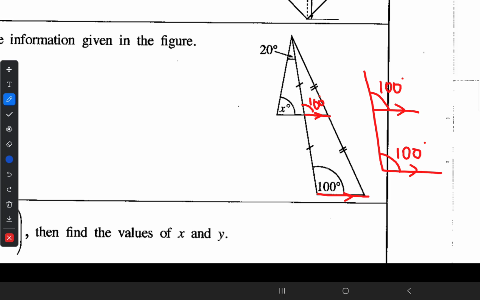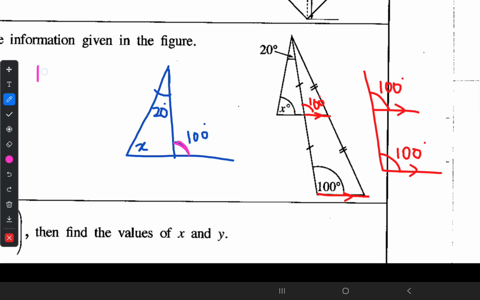Then I'll draw this diagram here. These are too thin, so inside this we cannot draw the construction properly. That's why I am drawing an additional diagram for your explanation. Here 20 degrees, here 100 degrees. This is X. You can use two methods. Exterior angle of a triangle equals the sum of the interior opposite angles.